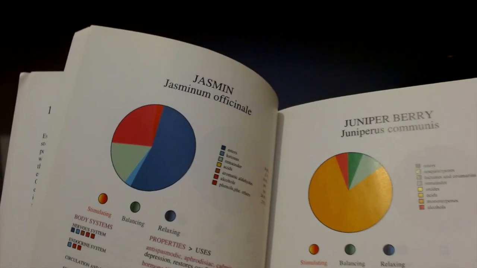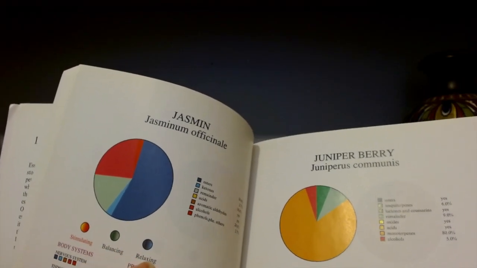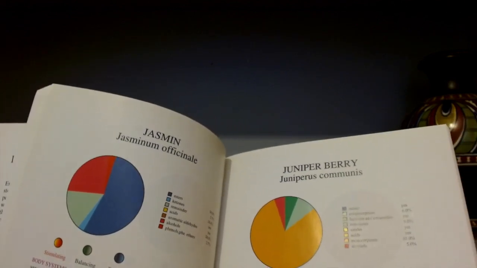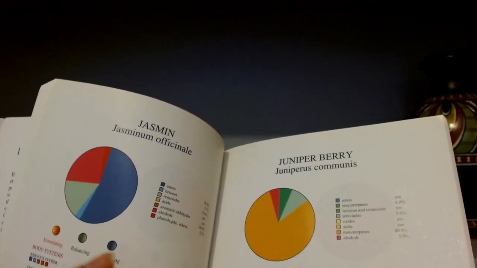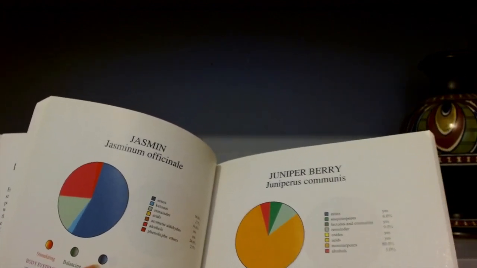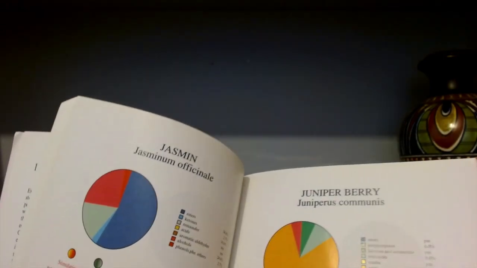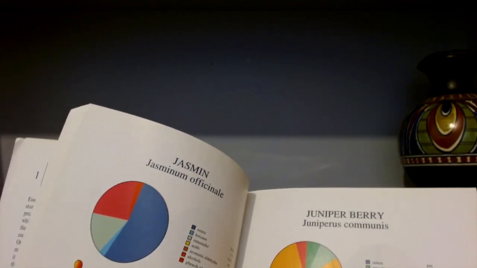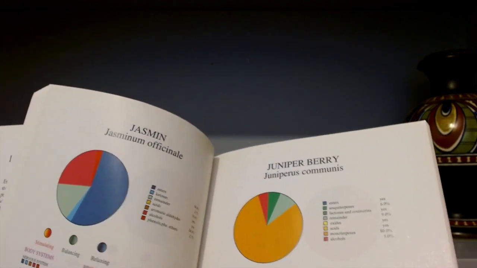Then I just wanted to show you the rest of the key here in the book, in the breakdown. There are relaxing properties, balancing properties, stimulating properties. So you can tell from the color wheel if that raw material has more of a relaxing quality or more of a stimulating quality.